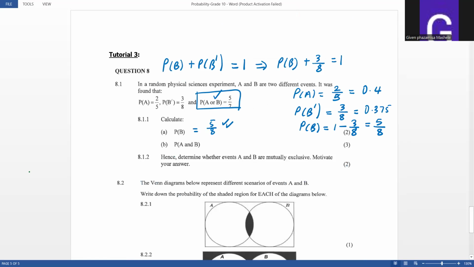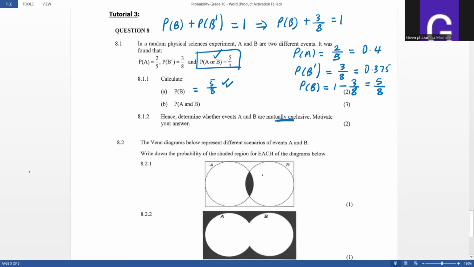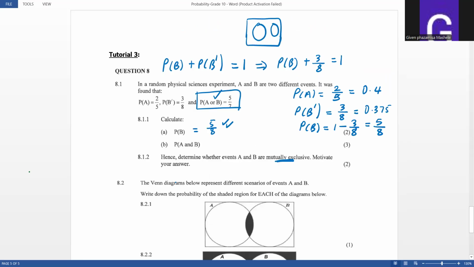Then the next question says, hence determine whether events A and B are mutually exclusive. Remember, events are mutually exclusive if they have no intersection. But if you look at this, the probability of A and B is 0.31, and it's not 0. So they are not mutually exclusive.